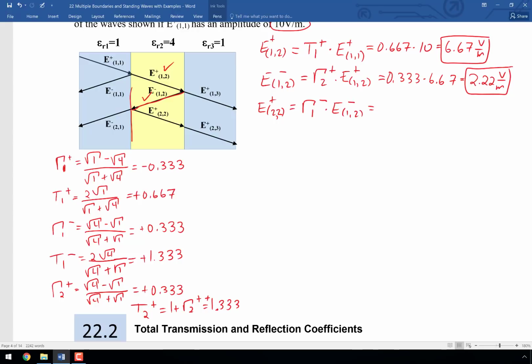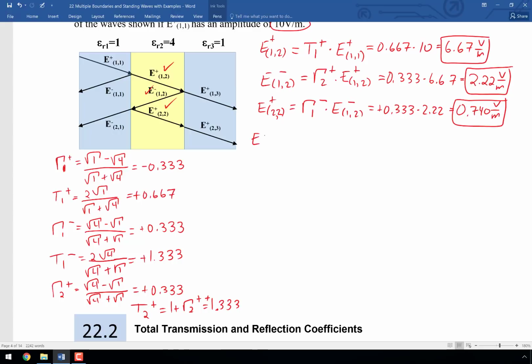So gamma sub 1 in the negative direction is plus 0.333 times 2.22, which is 0.740 volts per meter. So we've now done all of the waves in the middle here, so we've completed all three of those calculations. Let's do the ones in the left region here.